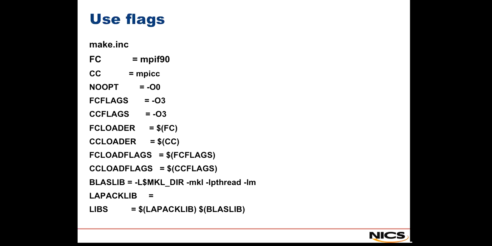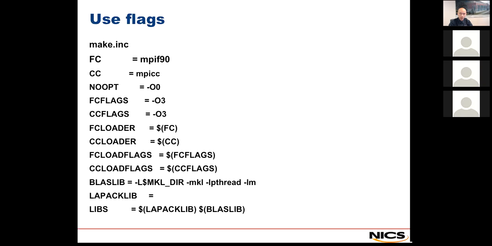Here, for example, if I want to use the BLAS subroutine in the code, I just call it in the code, and I don't care where my BLAS library comes from. It depends on what you have in your computer, in your supercomputer.